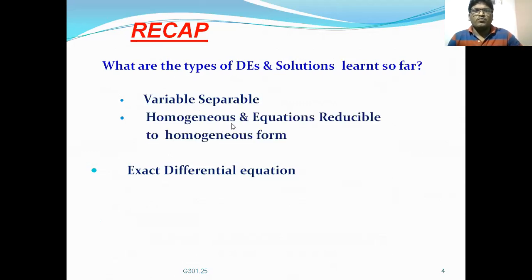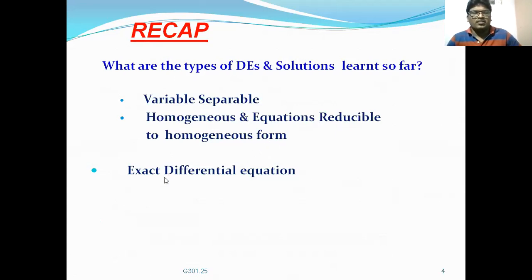Second, homogeneous and equations reducible to homogeneous form. If the equation is non-homogeneous, we have to reduce the equation into homogeneous form. Then after the procedure of homogeneous form, you will get the required solution.